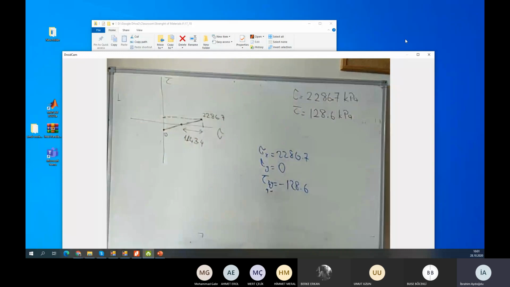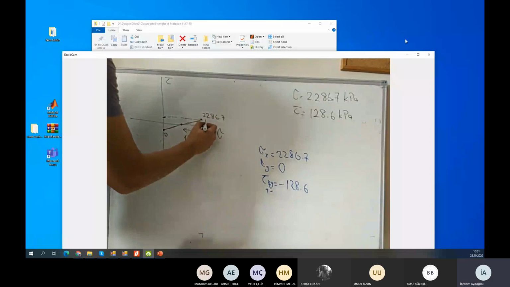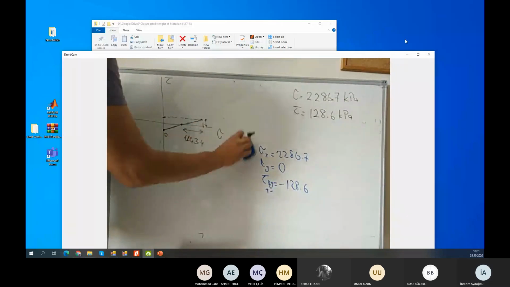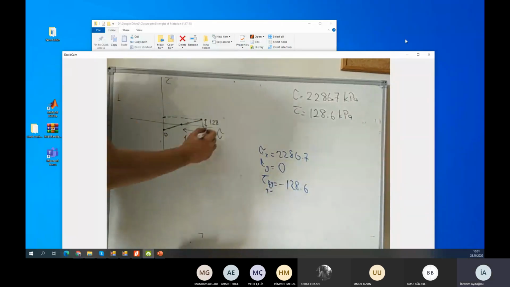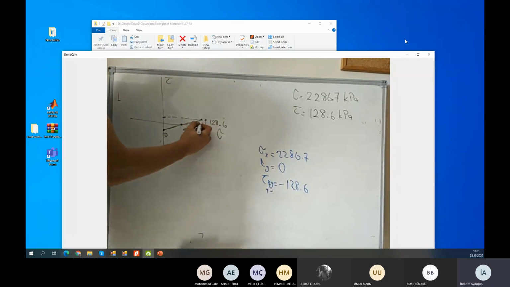Yarısı bu değil mi arkadaşlar? Yanlış hesaplamadım değil mi? Half of this value. You already know this value is 128.6. This is the 90 degree.